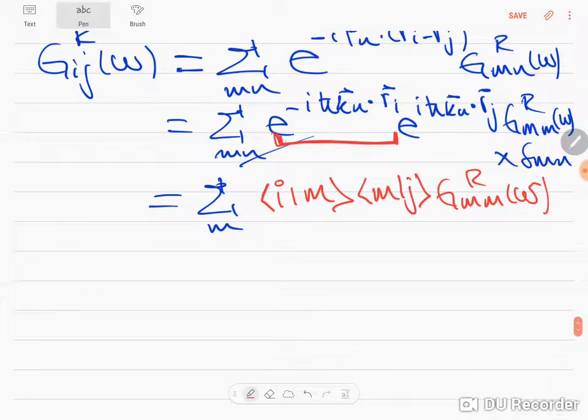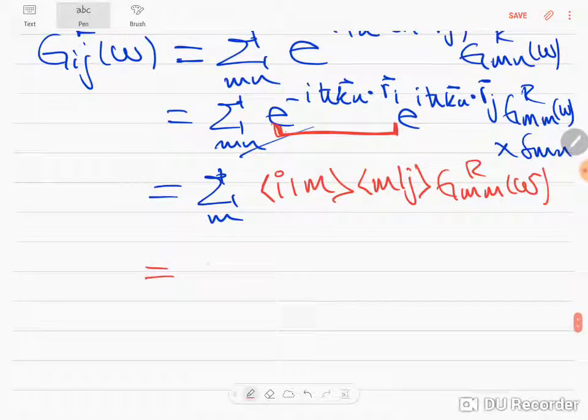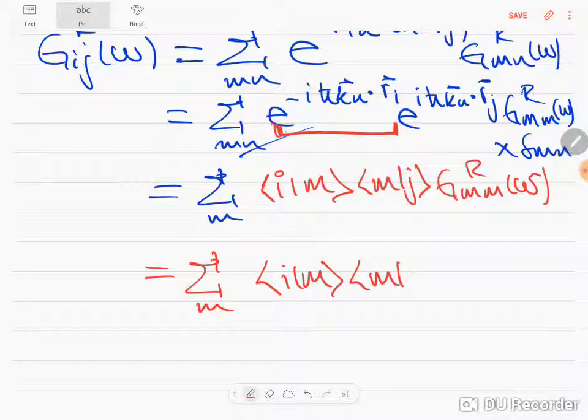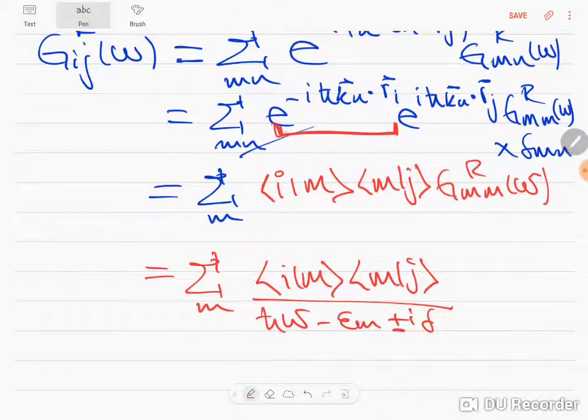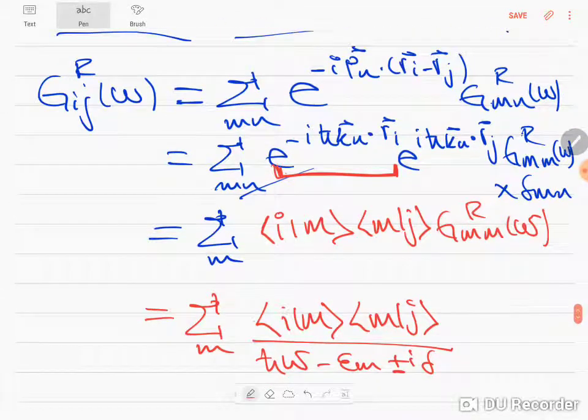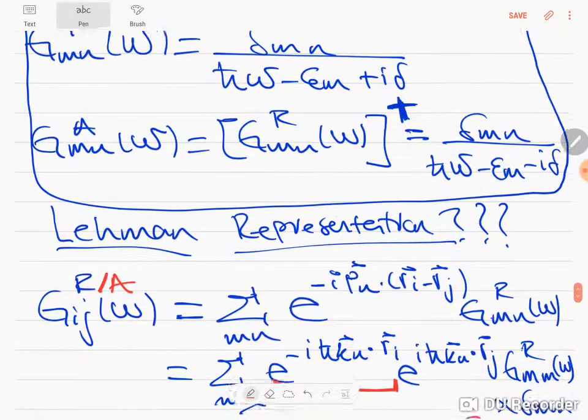So that's what it looks like, and this will be nothing but the summation over m of the bracket i with m, m with j, divided by h bar omega minus E_m plus i delta, and if you want to include advanced here, you put plus minus, retarded or advanced. So then just by some simple analysis we can go from particle number basis to psi basis on the Green's function.